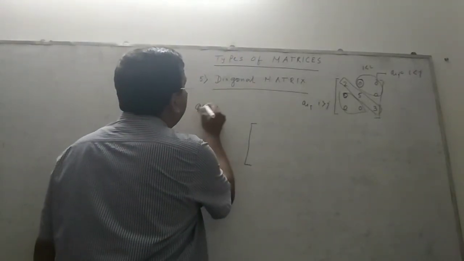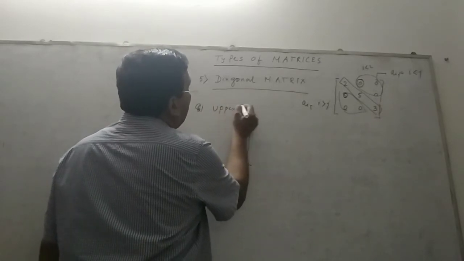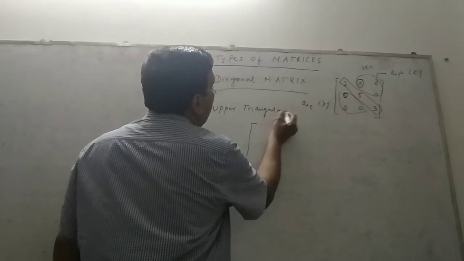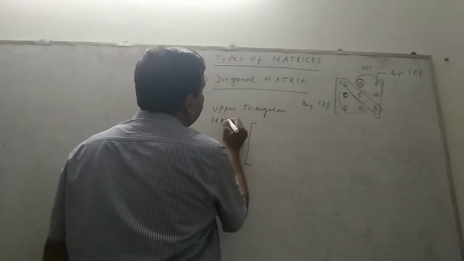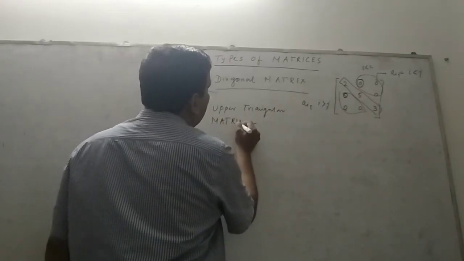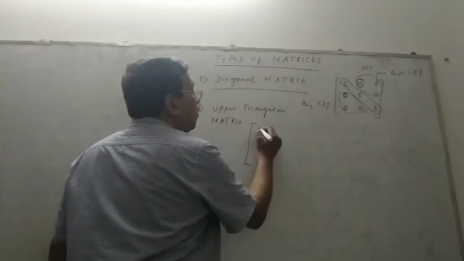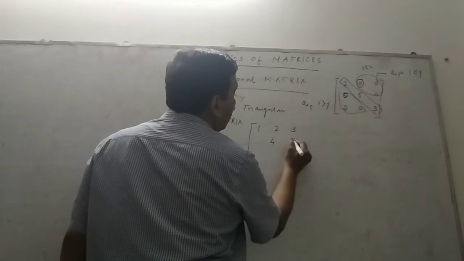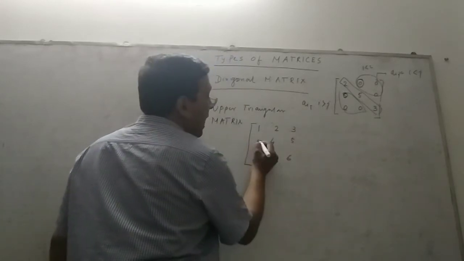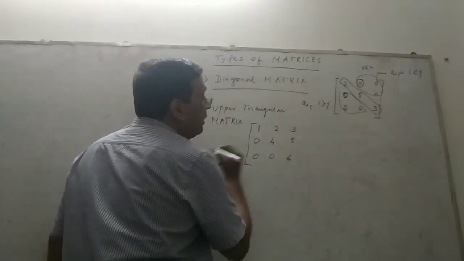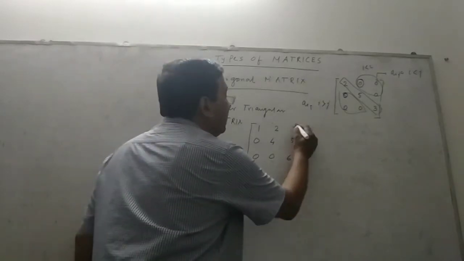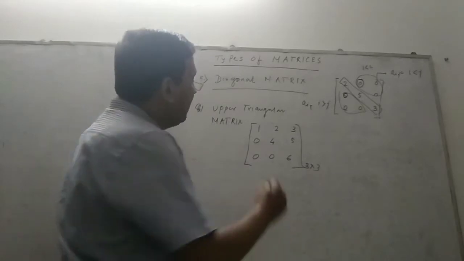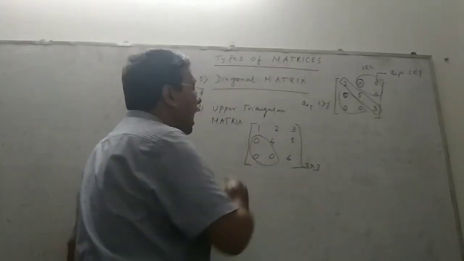If I want to give an example of an upper triangular matrix, it is 1, 2, 3, 4, 5, 6, and here I will write all these elements as 0. It is a 3 by 3 upper triangular matrix where these elements are 0.